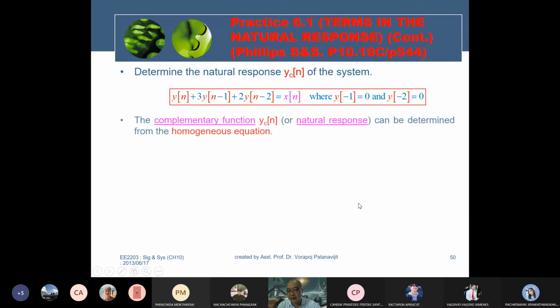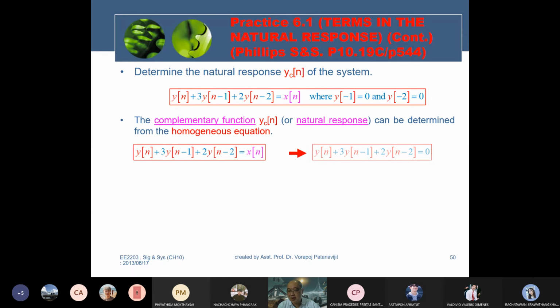Okay, the first step, determine the natural response yc of this system. The complementary function yc, or the natural response, can be determined from the homogeneous equation. The homogeneous equation means you kill the non-y term, which is x in this case.